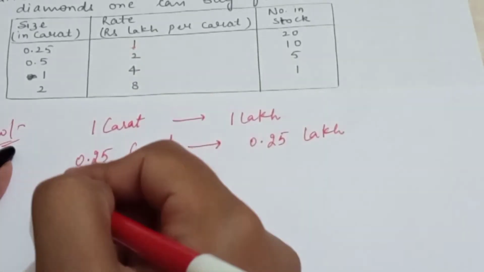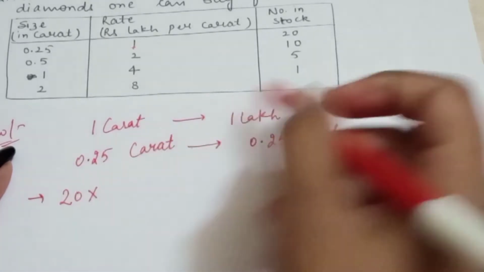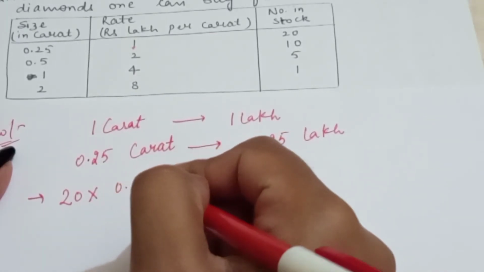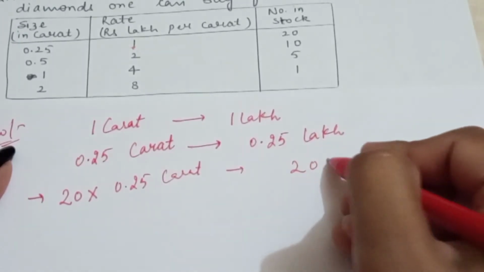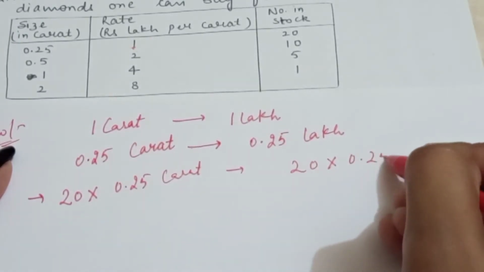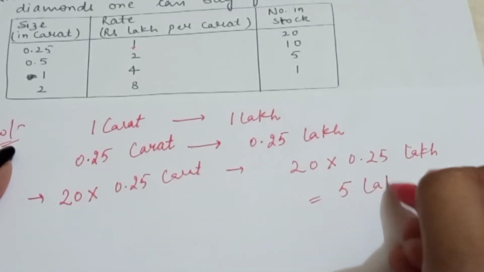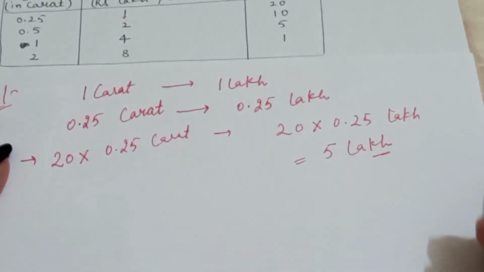Okay, and if we buy all the 20 diamonds of 0.25 carat, it will cost 20 multiply 0.25 lakh, which means 5 lakh. Still we are remaining with 5 lakh.